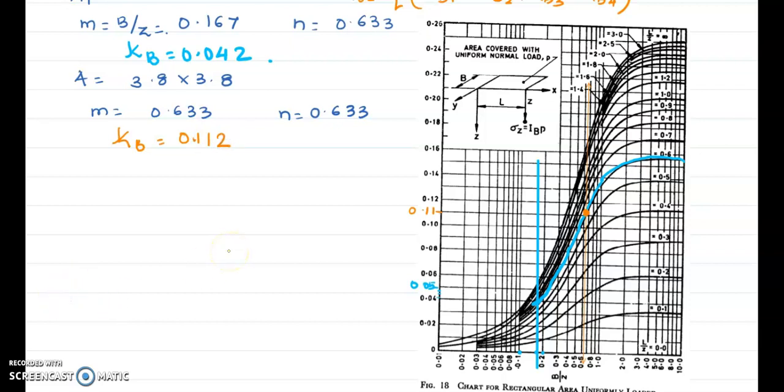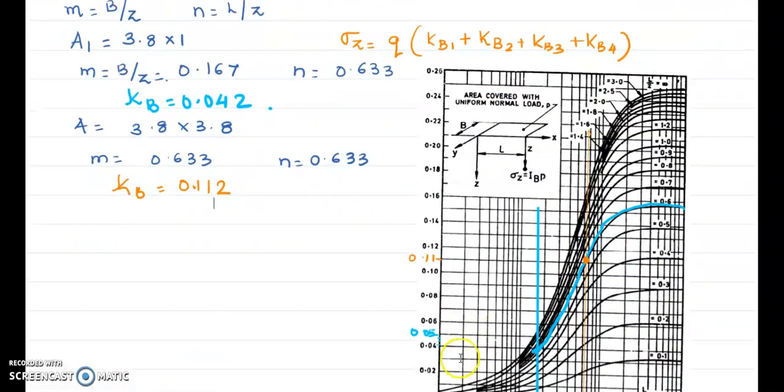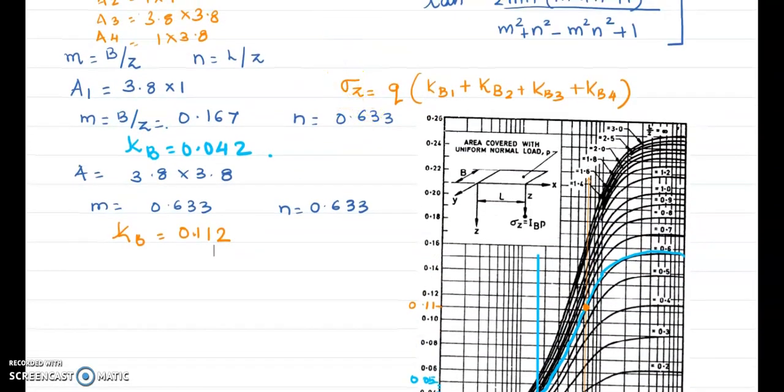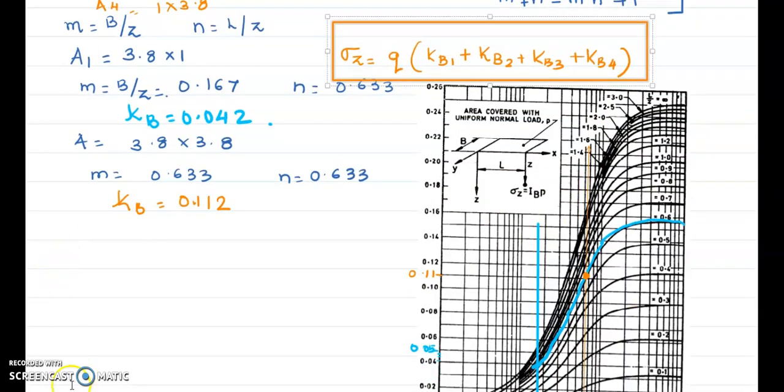Okay, so likewise you can get the influence factor without this equation, just by looking at the chart. Once you get all the values of KB, you directly get the value of sigma Z by using this particular equation. So try solving the same problems that we have done before by using this particular method.